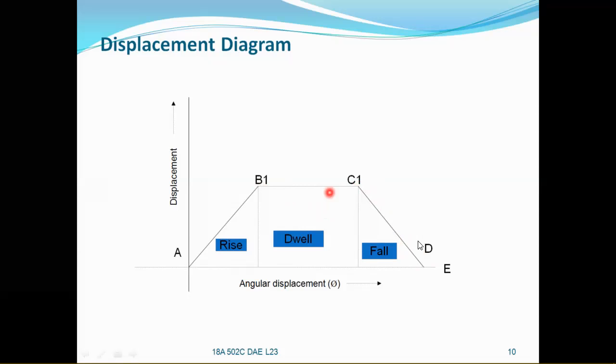Whereas in this period the follower remains stationary, it is not moving upward or downward. That is B1 to C1, the dwell period, the period during which the follower remains stationary without moving upward or downward. And from D to E is also a dwell period, because here also the follower is not moving either upward or downward.